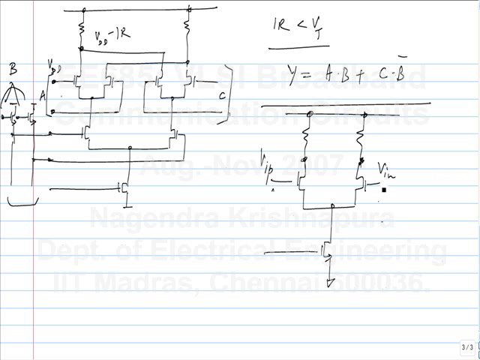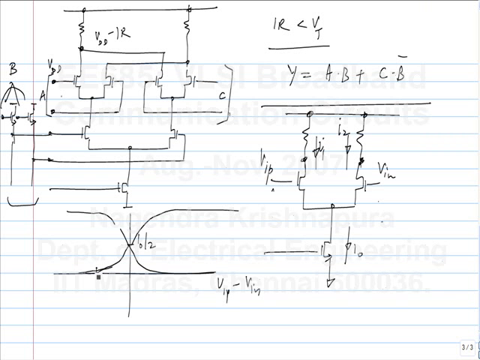When both are in saturation, we have always worked out the relationship. The two currents, I1 and I2, will do this. So if this is I0, when the input is 0, they will be equal to I0 by 2. So this is what happens.